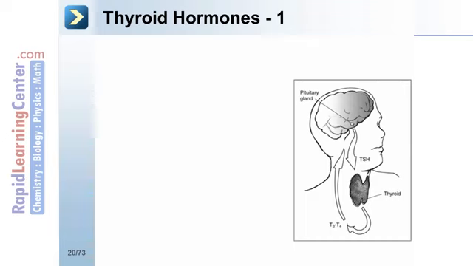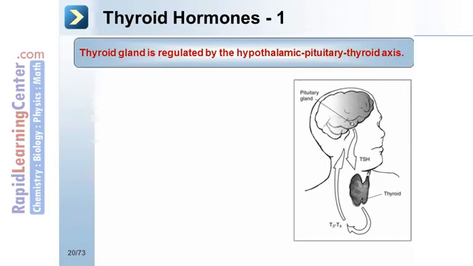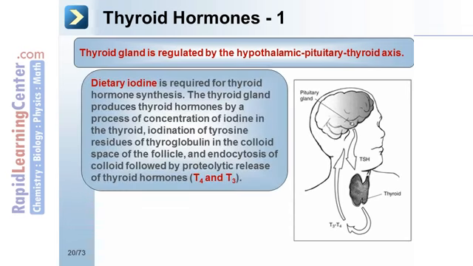The thyroid gland is regulated by the hypothalamic-pituitary-thyroid axis. Dietary iodine is required for thyroid hormone synthesis. The thyroid gland produces thyroid hormones through a process of concentration of iodine in the thyroid, iodination of tyrosine residues of thyroglobulin in the colloid space of the follicle, and endocytosis of colloid, followed by proteolytic release of thyroid hormones, T4 and T3.